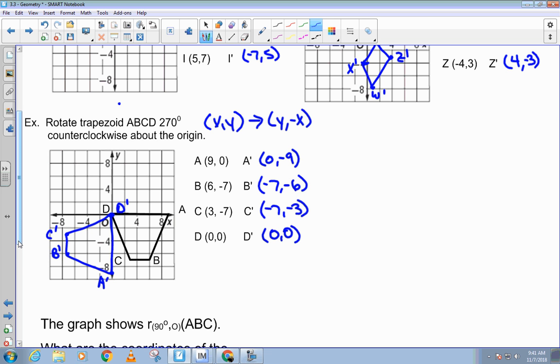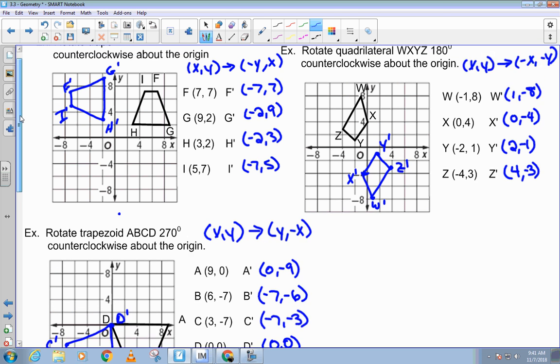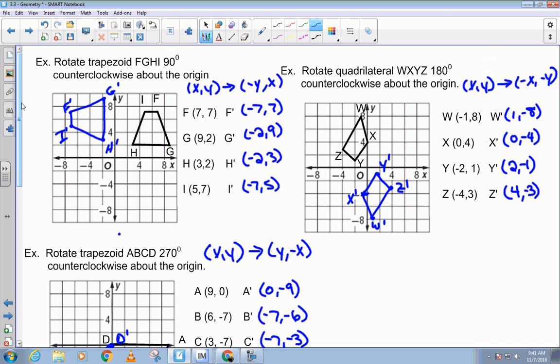So that is a 270 rotation. If I look at this one, I see also they switched places and the Y changed signs. So that's a 90-degree counterclockwise rotation. Here, they just changed signs. Okay, so that's a 180-degree rotation.